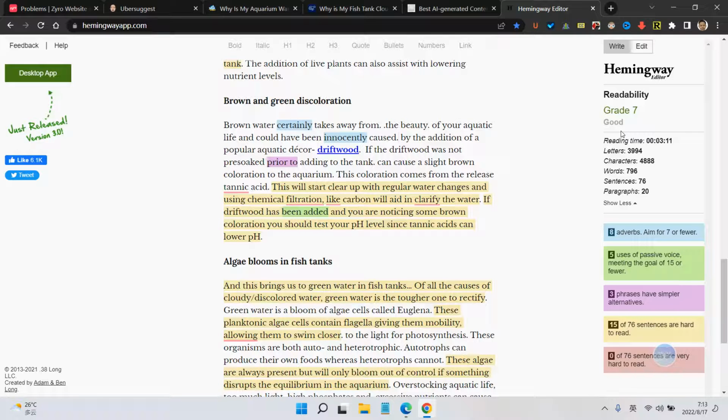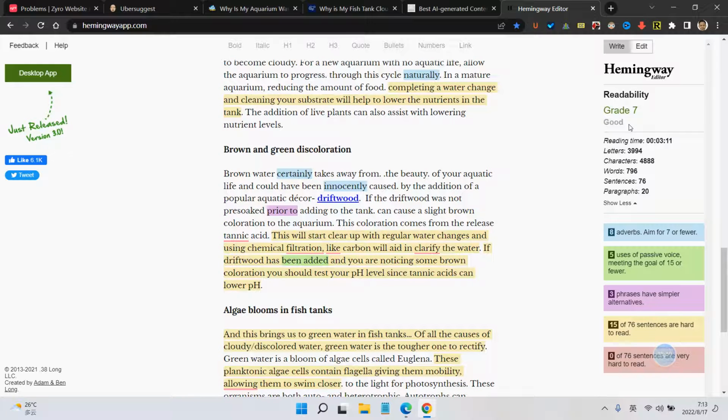If you improve it, then there should be more people. Like, you only need grade 7 education, so you can read this article very easily. If the readability is only grade 9, there will be a potential problem.